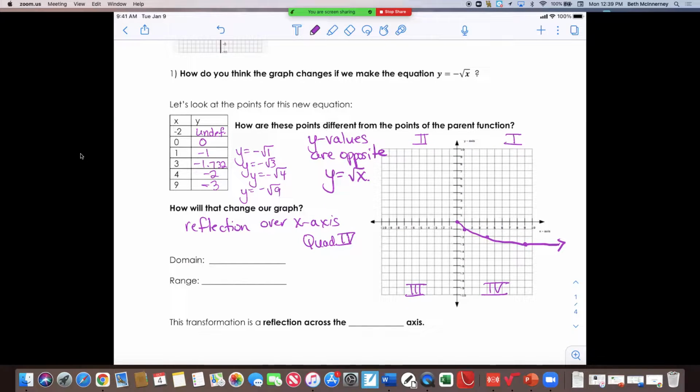Let's talk domain and range now. What's the domain? What are my allowable values for x? Becca, what do you think?